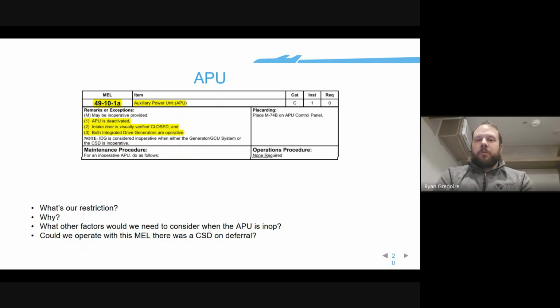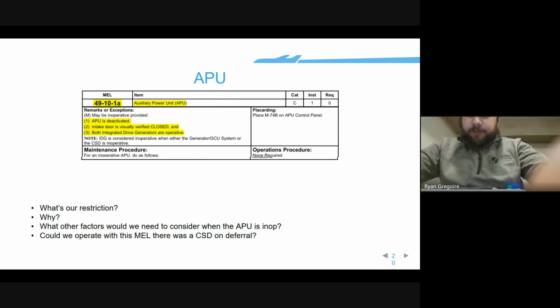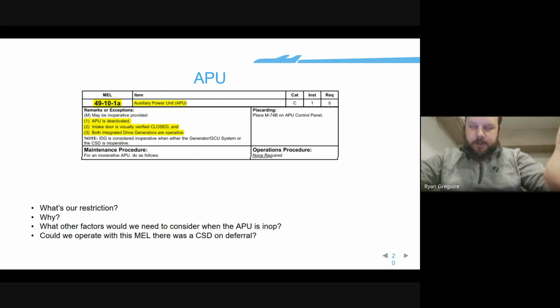Therefore we would not be able to dispatch with an inoperative APU and an inoperative constant speed drive. Now, so we have that clear-cut restriction there in the MEL itself.